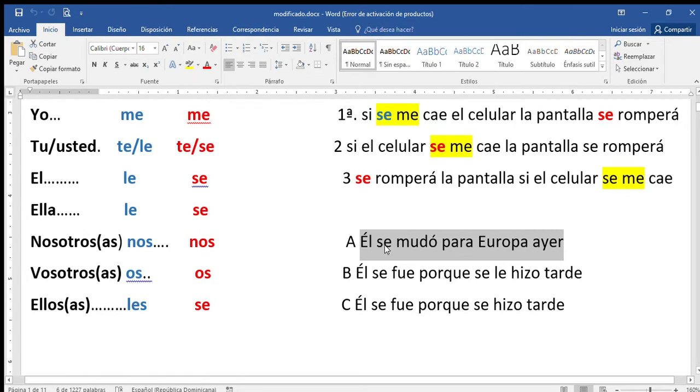So here is just "se". It doesn't say "se me" or "se nos". It just says "se". So this means that "se" can be alone, and it doesn't have to be with me or nos or te all the time.